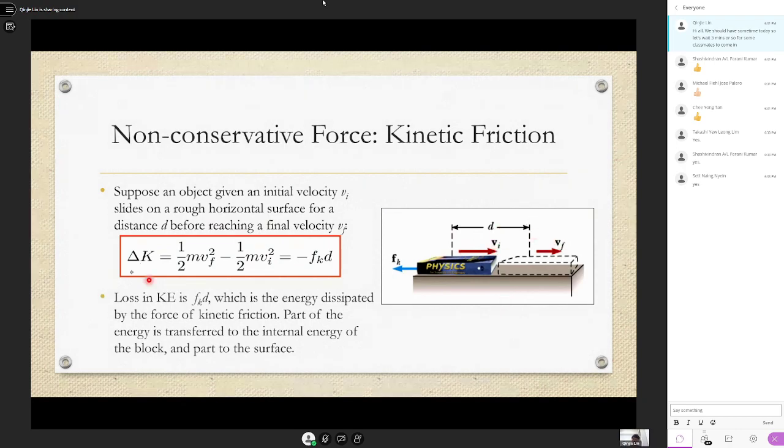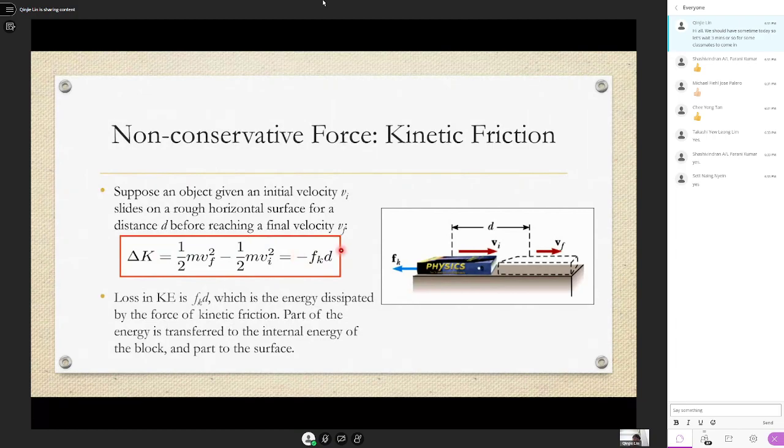So the change in kinetic energy is half mv square using the final state, minus the half mv square of the initial state. So the change in energy, basically the energy at the end minus the energy at the front, must be equal to Fd with a negative sign in front.